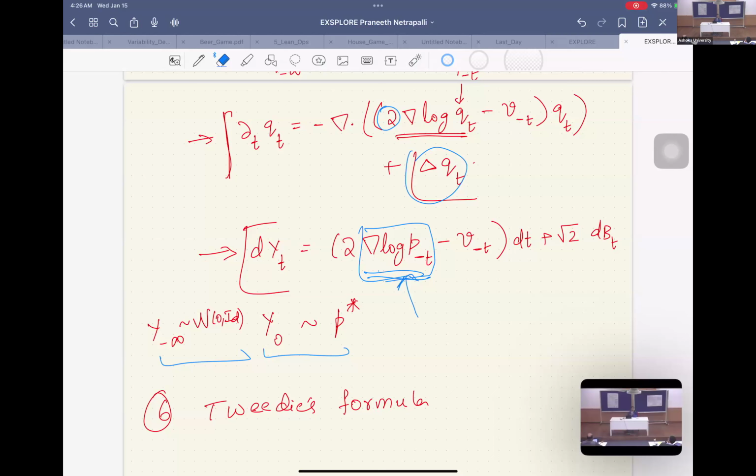So v was like minus x, and when we put minus and minus, we got a plus. And then this grad log p of T minus t, we use Tweedie's formula to relate it to the conditional expectation of x0. And for the conditional expectation of x0, we are using this h theta star to approximate it. When we put all of them together, this is the form we get.